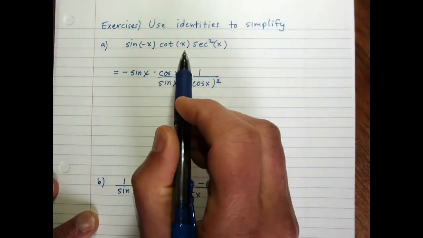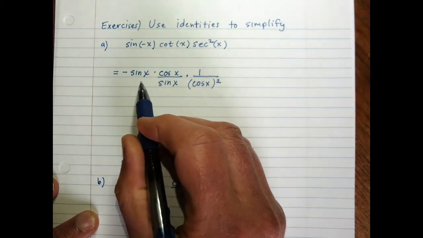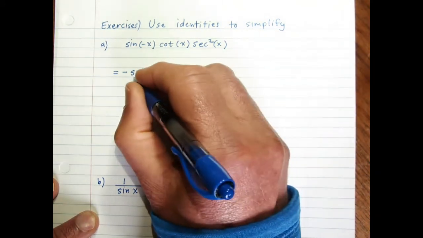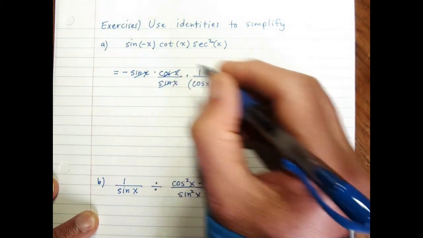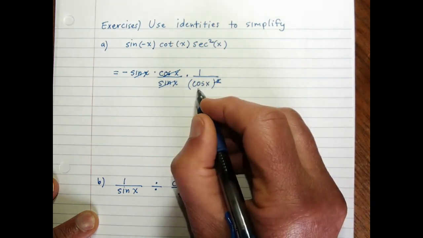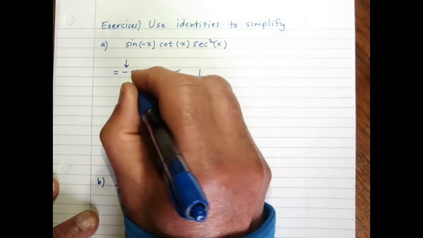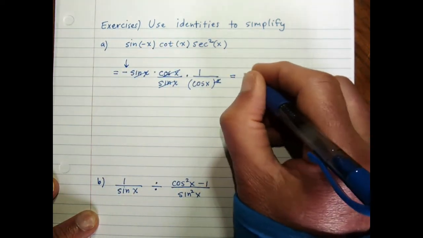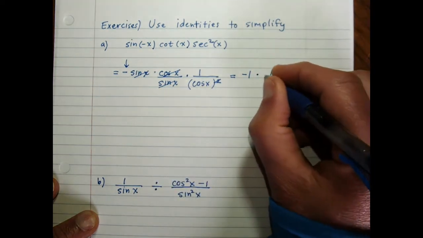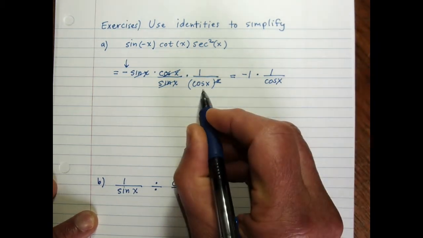And now I can do some canceling, right? A sine will cancel with a sine, a cosine will cancel with one factor of cosine, so I'm still left with a cosine here. Don't lose the minus sign out in front. I have minus 1 times, I still have 1 over cosine x left from my cosine x squared.